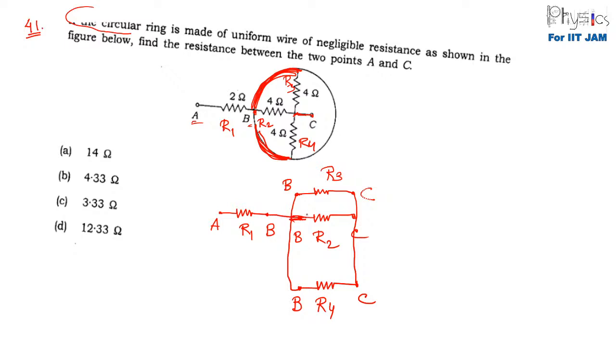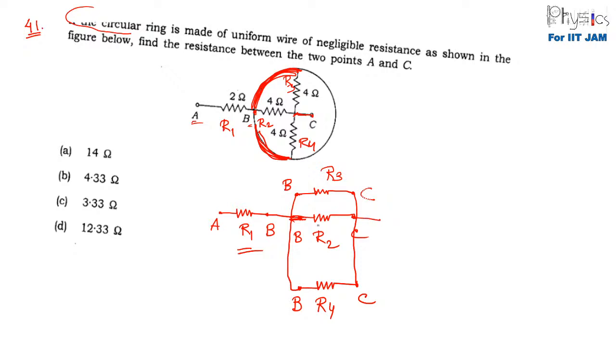So if we consider it, we get three resistances in parallel, that is R3, R2 and R4 are in parallel, right? And this set of resistances is in series with this R1, right?